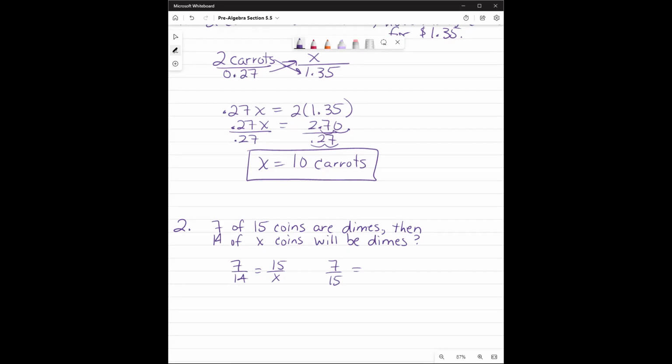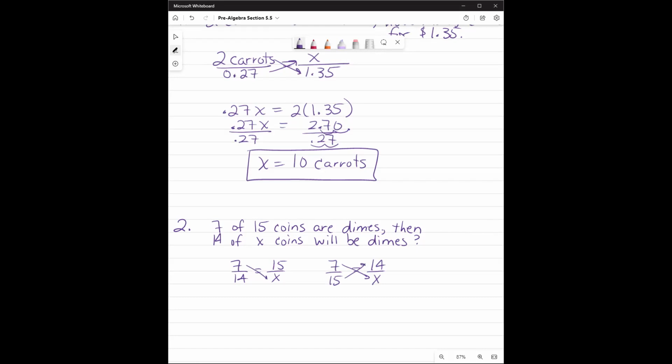That would be some ugly math, but see, we end up with the same thing. We have 7 times x and 15 times 14.